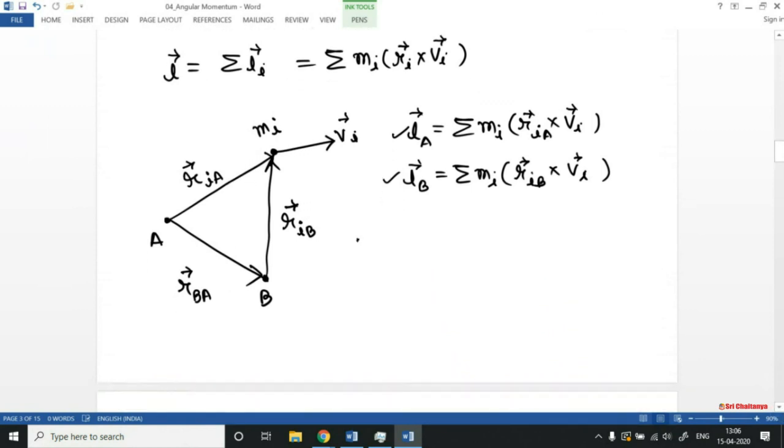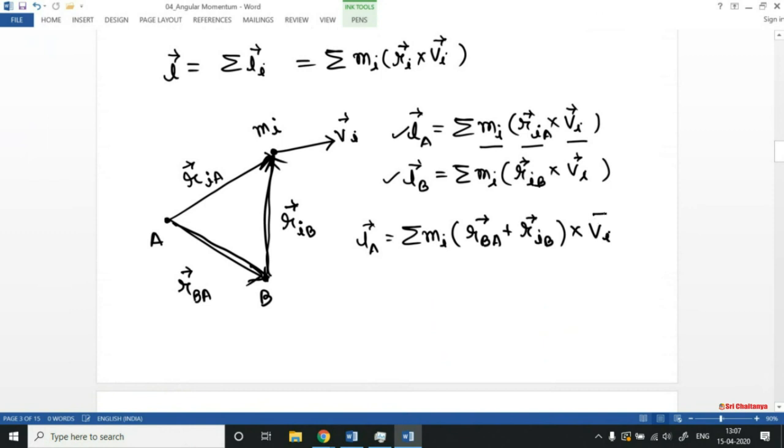Let's say, for example, LA, since we have written it as mi riA cross vi, so that can be written like, riA as the vector sum of this plus this. So riA would be nothing but rBA plus riB over here, and that we can take cross product with vi.